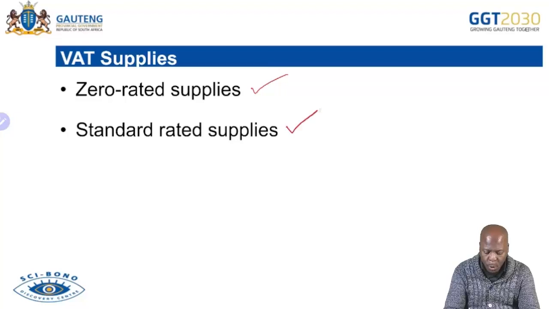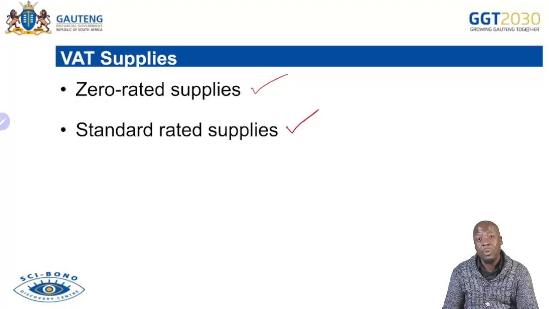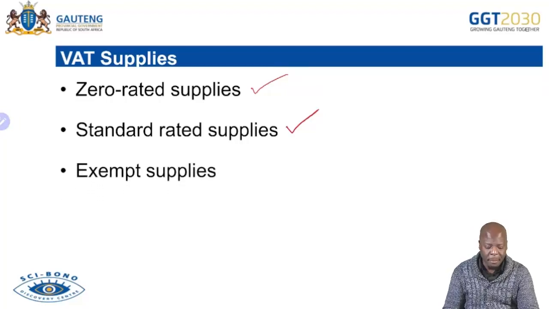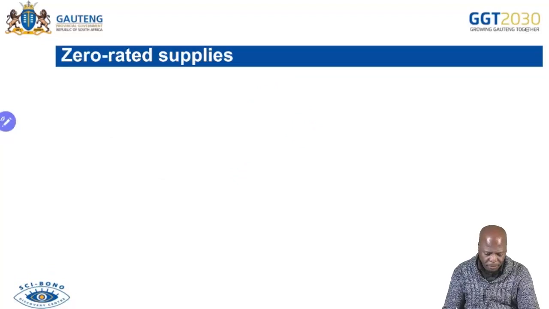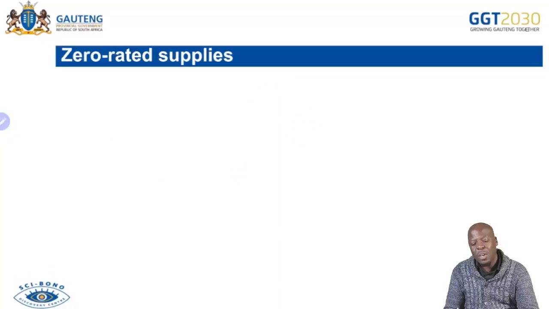Very important. We're going to spend much of our lesson today on the standard rated supplies. The next one is what we call the exempt supplies. With exempt supplies, I'm going to show you the type of goods that are part of exempt supplies. Now, let's start first with our zero rated supplies.